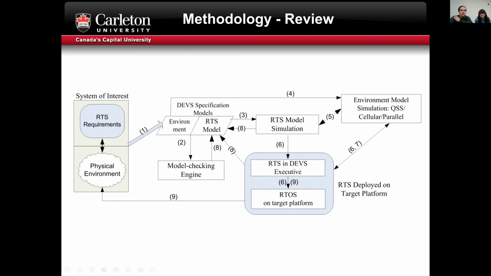So yeah, in summary, as you can see, we start with the requirements of the real-time control system and the physical environment. In the first example, what we need to do is to study the amount of CO2 in a room, and we need to control the airflow in that room based on the amount of CO2 in the room.